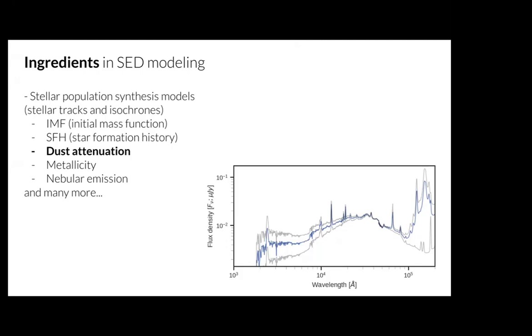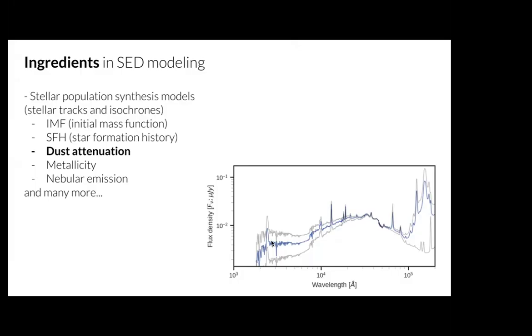So then that light is re-emitted in the infrared, in the near infrared, in the mid infrared, sometimes in far infrared as well. So overall it will change the shape, because it will take the light out of the blue, out of the UV, and then bump up your IR. So it will overall change the shape of your SED.